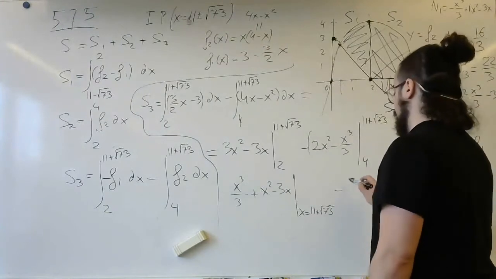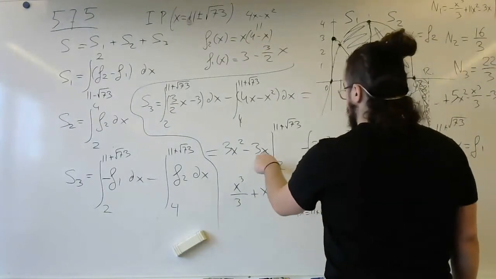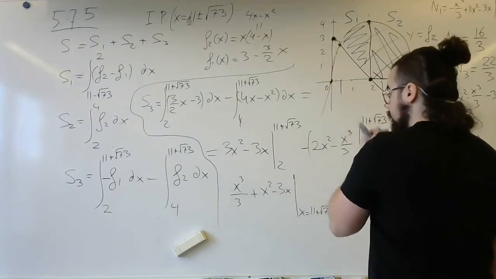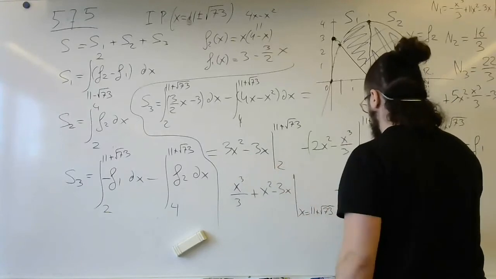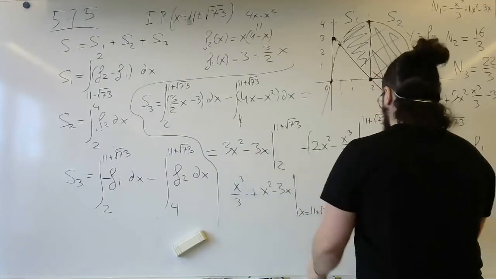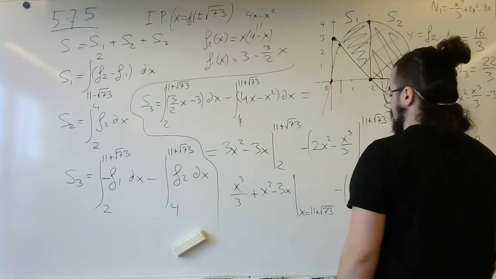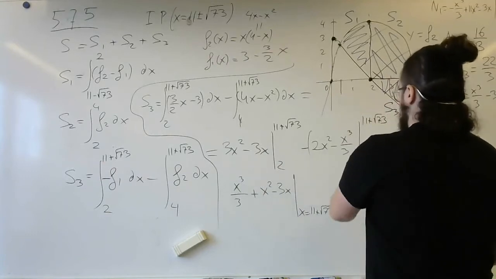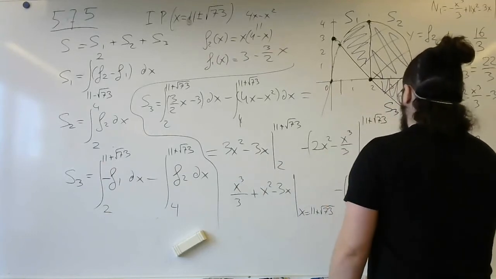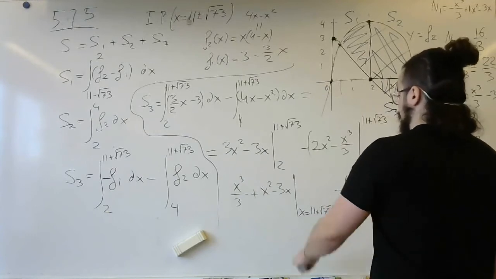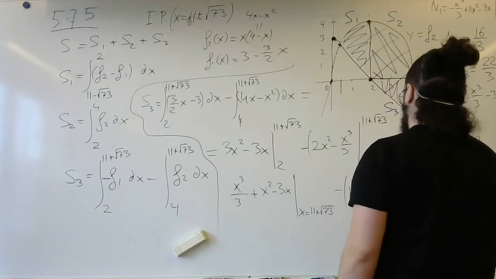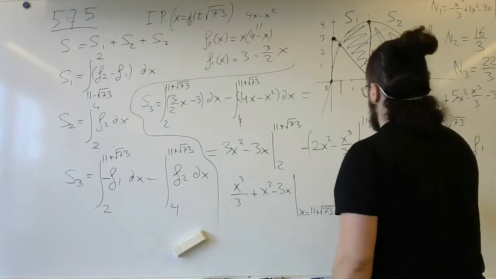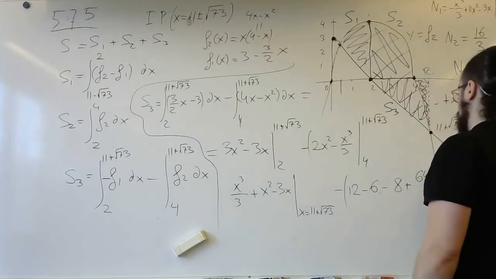And now minus, this is 3 times 4, 12, minus 6, and minus 8, and plus 4 cubed, which is 64 over 3.